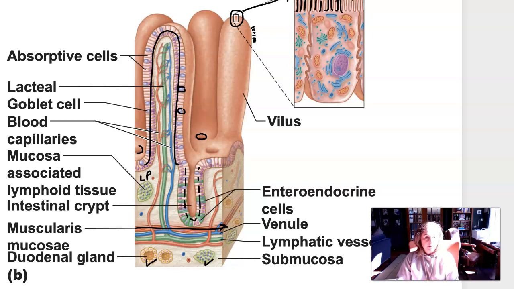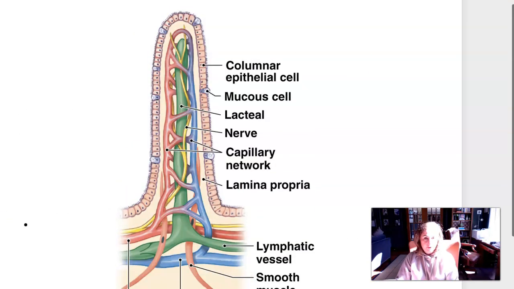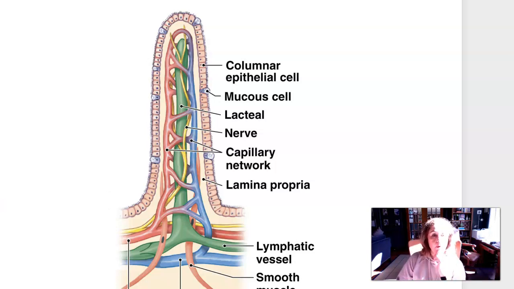I'm going to take a look at another picture. So this is from our book, and here they're just zeroed in on one villus. What we want to notice here is the villus, just what we already noticed: the simple columnar with the goblet cells, the microvilli on the villus, the capillary bed, the lymphatic capillary, the nerve supply.